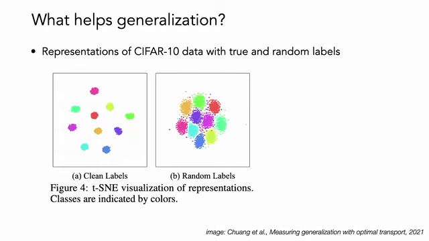And if you look at this specifically on something like CIFAR-10, which is a very low dimensional image categorization problem where all of the images are very low resolution and small, and the categories are simple. If you train a classifier on CIFAR-10 with the correct labels, and then you look at a t-SNE visualization of the representations on the training data, right?